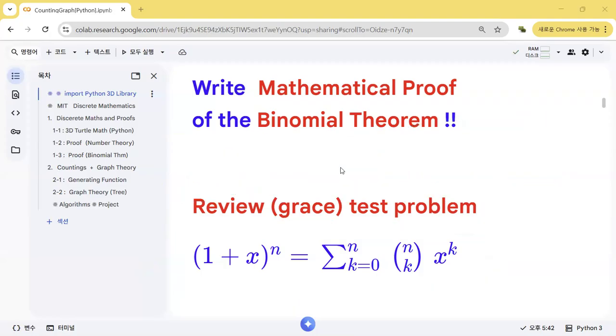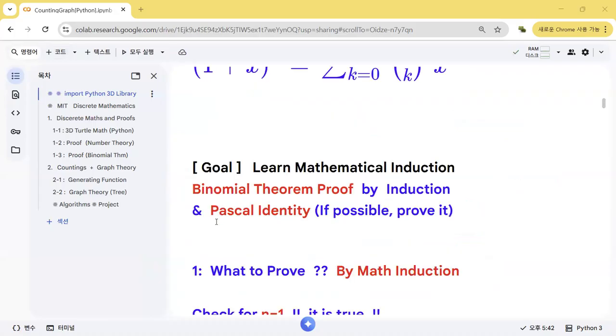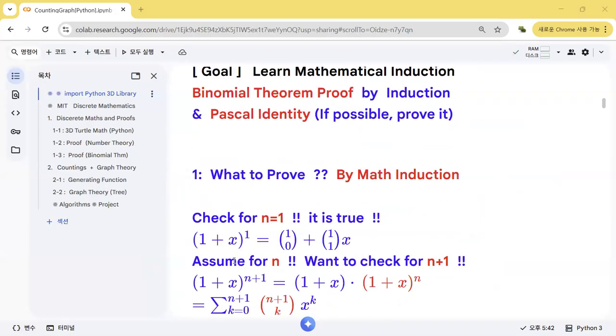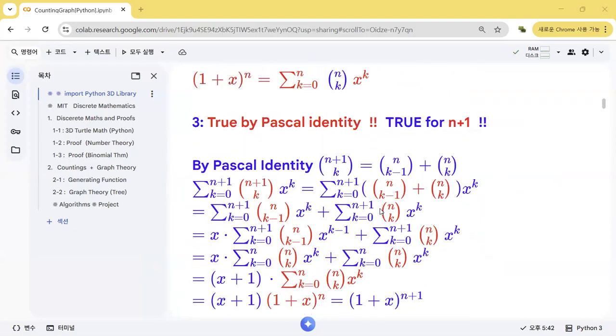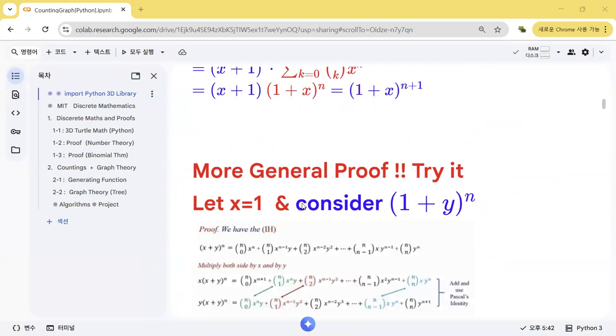So try to see the generalized version to prepare for the Gray's test and final examination. This is the simple one, Pascal identity, and this one is a more general one.